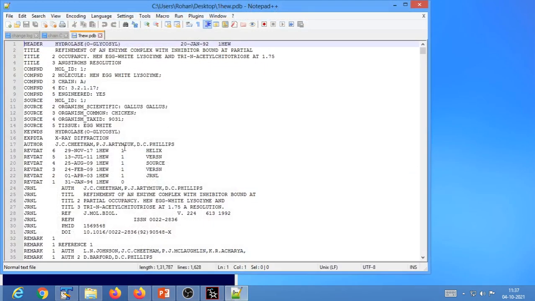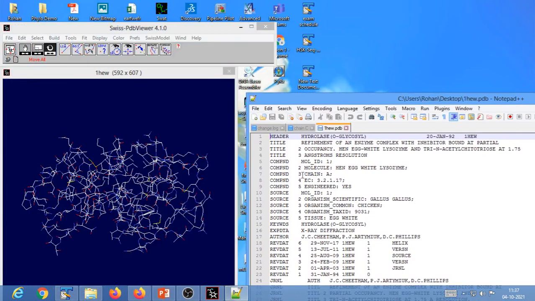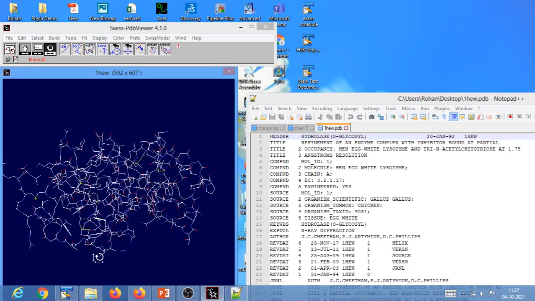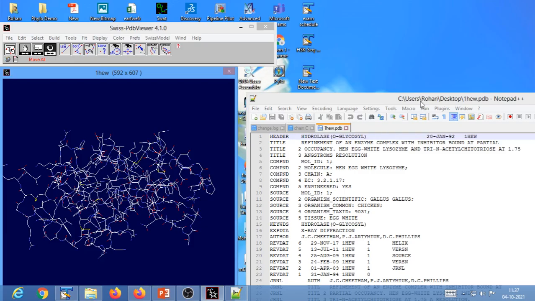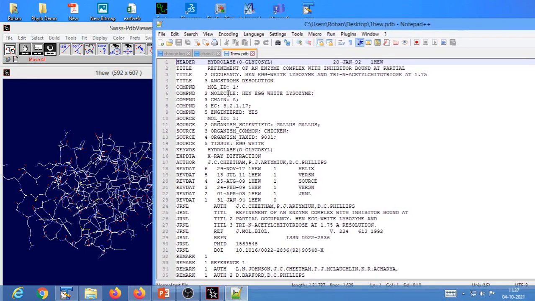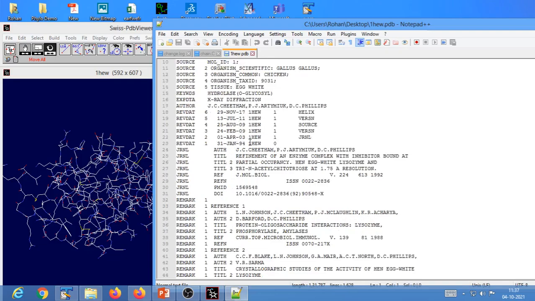So you can visualize your textual information. It is the same file that we have loaded into different software. Over here it gives you a three-dimensional representation, and over here it tells you how the structural information is arranged.